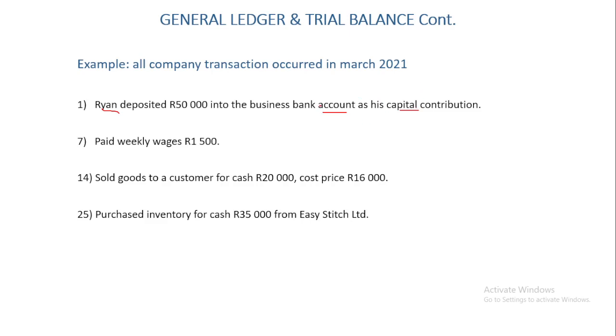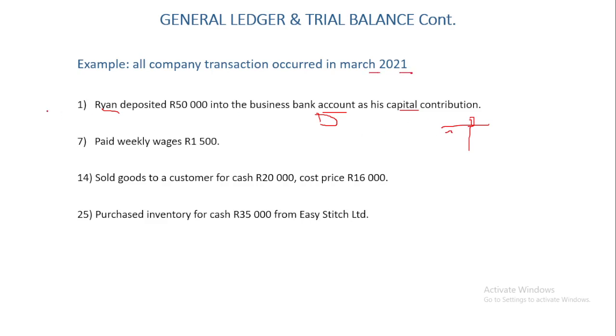So we're going to debit the bank account because it's growing. On the T form or the ledger account, we go to the debit side and say under the bank, we received capital, in March 2021.